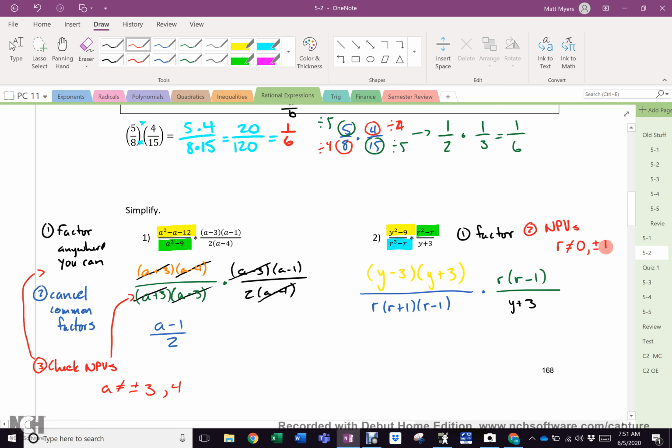It can't be plus or minus 1, and y can't be negative 3. And then we cancel our common factors. So y plus 3 gone, y plus 3 gone. Numerator, denominator. R, gone, gone. R minus 1, gone. What's left? Y minus 3 over r plus 1. And there's our final answer.